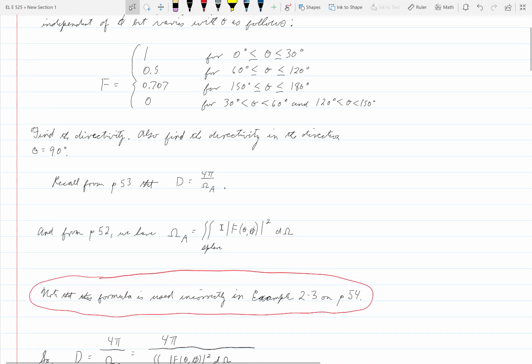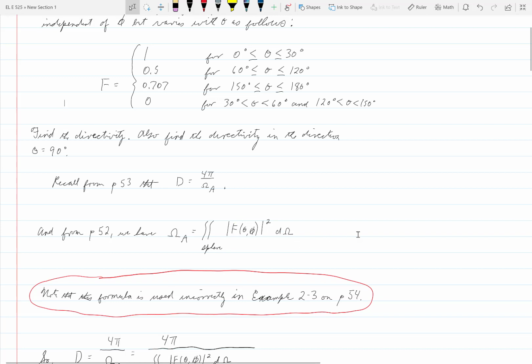So we can begin by recalling from page 53 that the directivity is given by this formula, where omega sub A, remember, is called the beam solid angle, and it is defined on page 52 as follows. This is the integral over the unit sphere of the magnitude of f of theta and phi, squared.